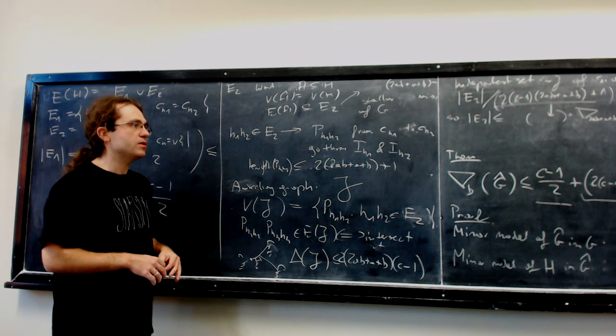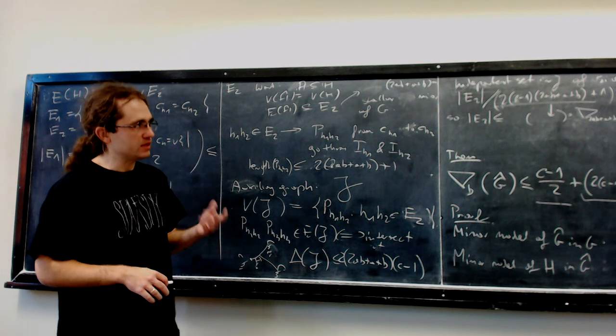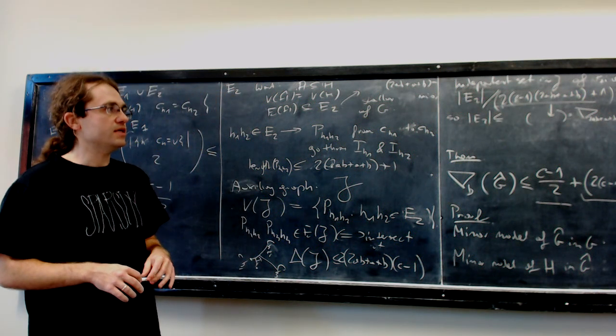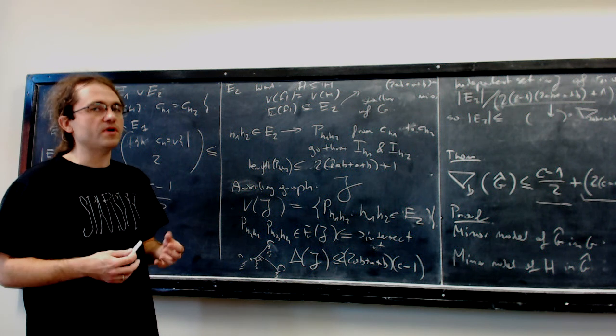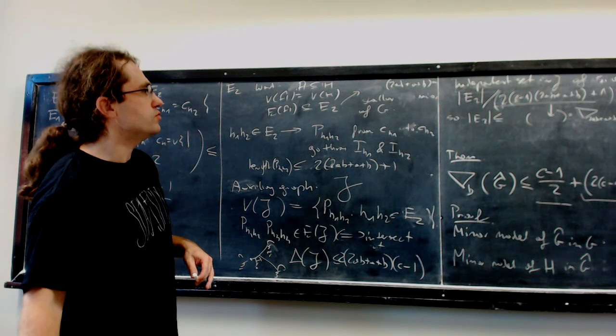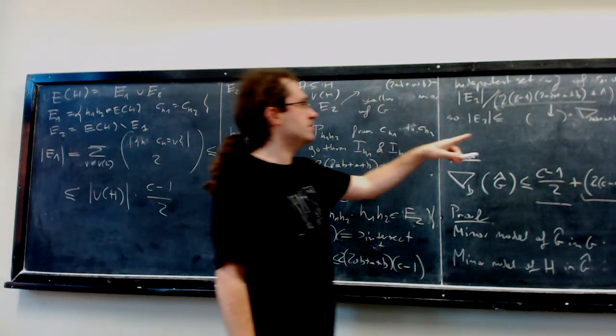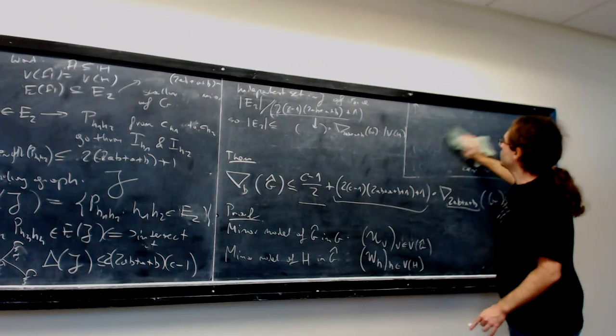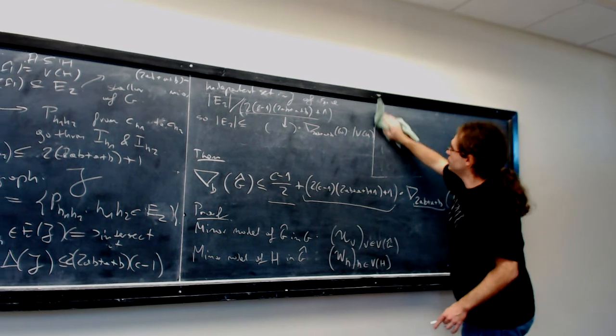The other thing I want to do today, and I will be slowly wiping out the board to do it, is to prove something for nowhere dense graph classes. I want to use this remaining space here, which is the least useful, to recall what a nowhere dense graph class was.